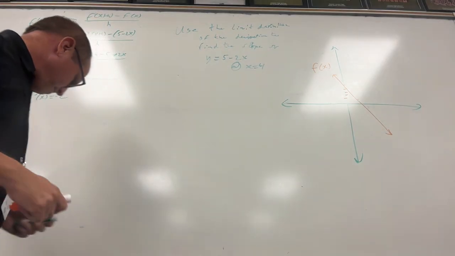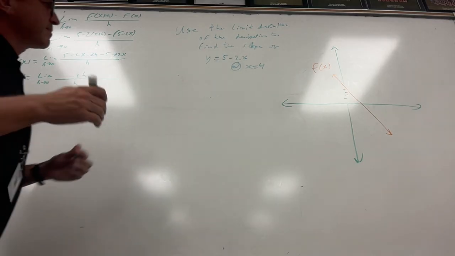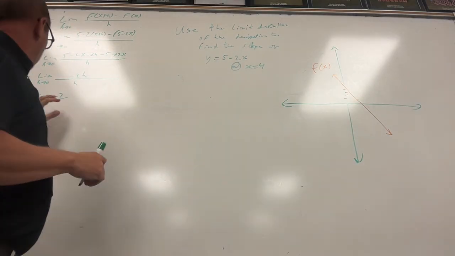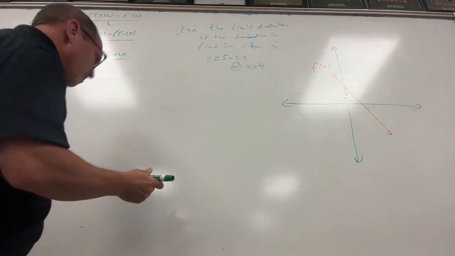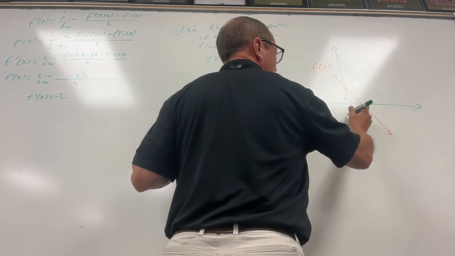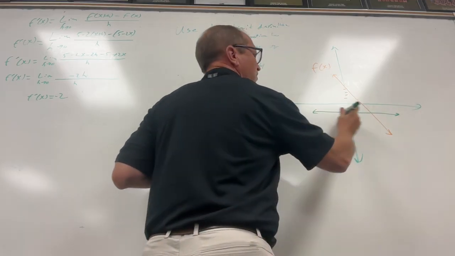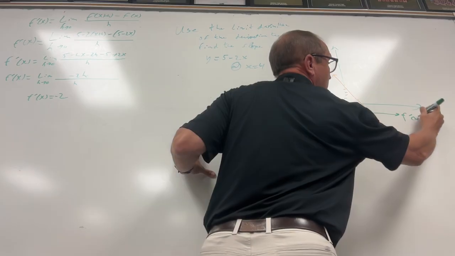Now, when I graph its derivative, its derivative is negative 2. That is the graph of f prime of x.